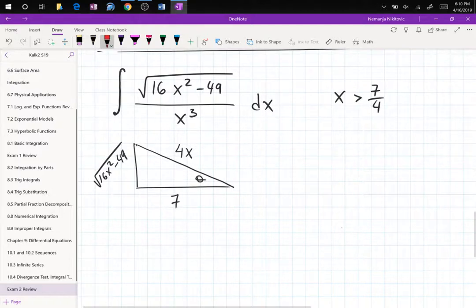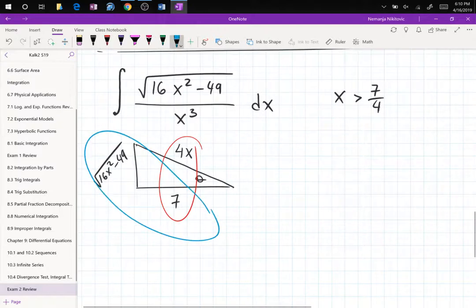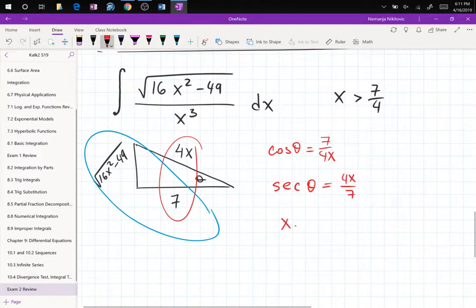So now we do the red equation over here, and then we do the blue equation over here. The red equation is that the cosine theta is equal to 7 over 4x, so now we flip both sides, so secant theta is equal to 4x over 7.